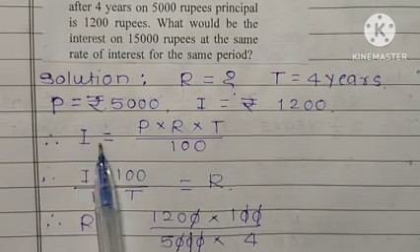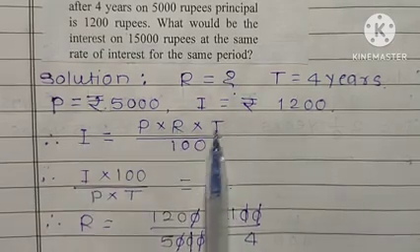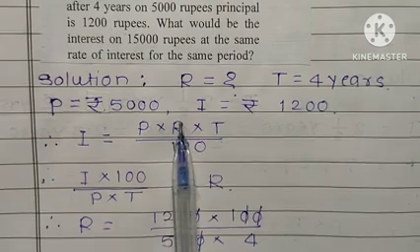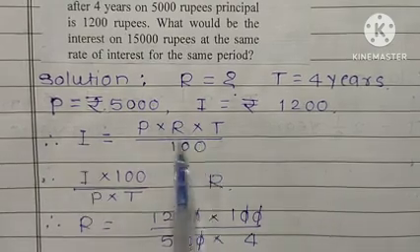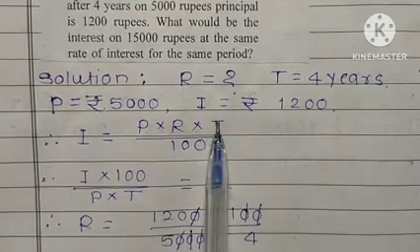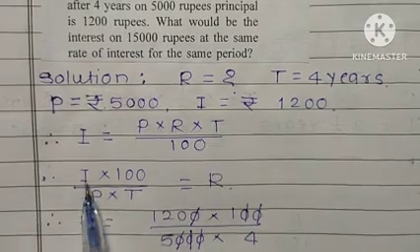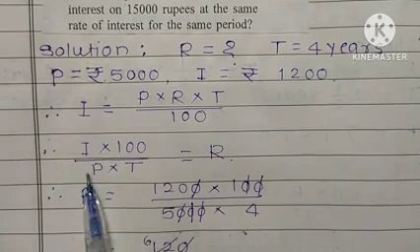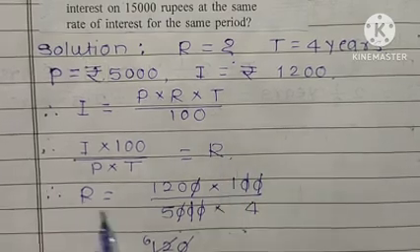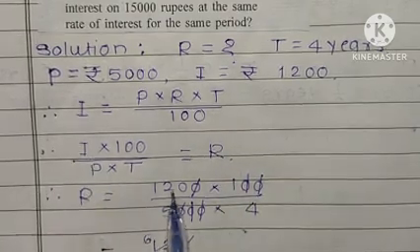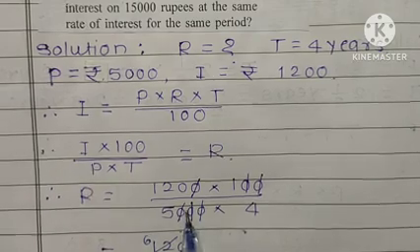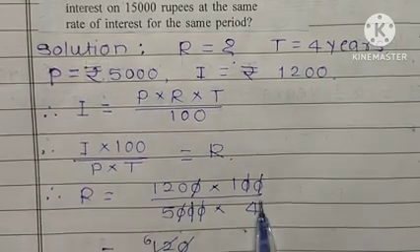So I is equal to P into R into T upon 100. That means we have to calculate R. So I into 100 upon P and T. I into 100 upon P into T will give you R. So R is equal to I 1,200, this is 100, P 5,000, T 4 years.